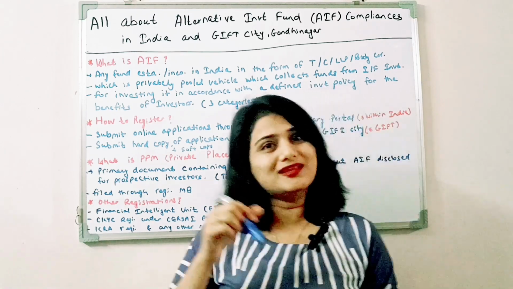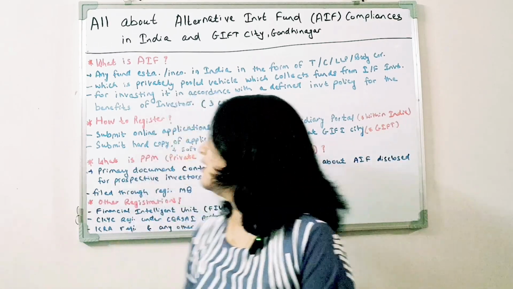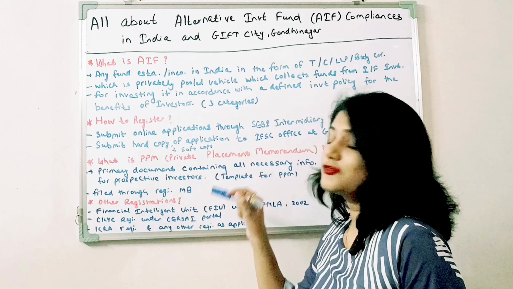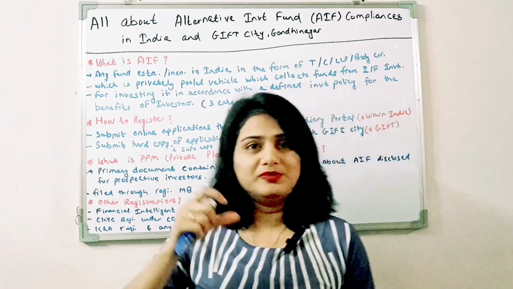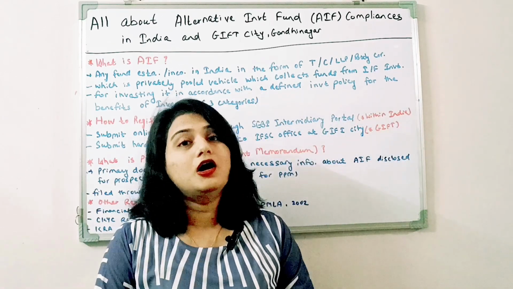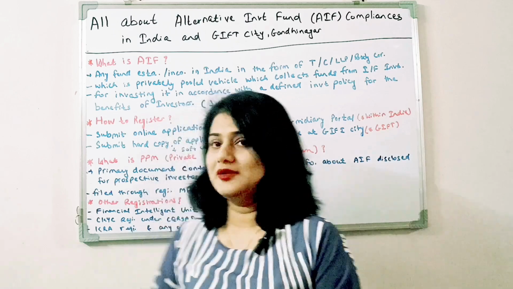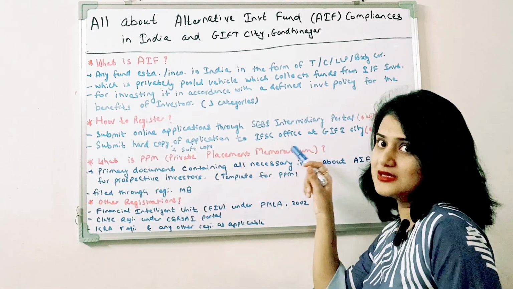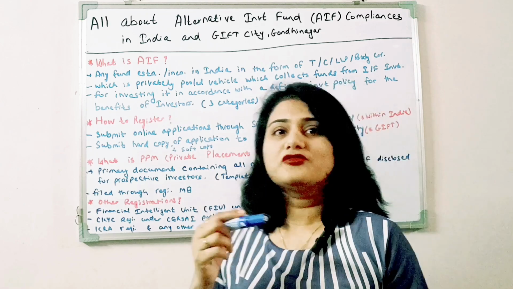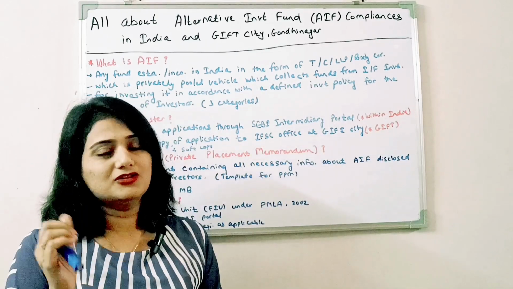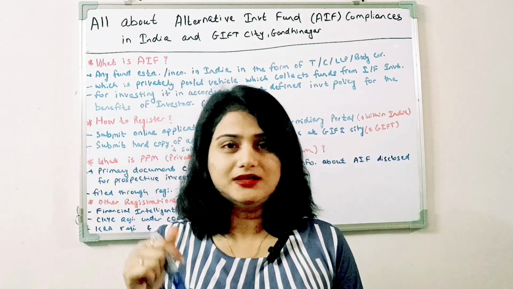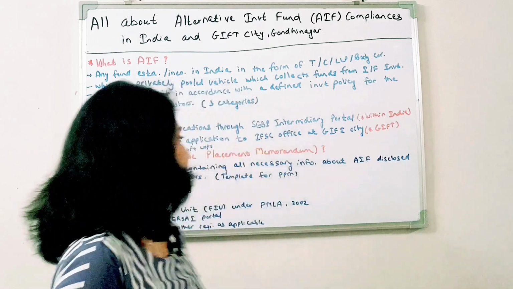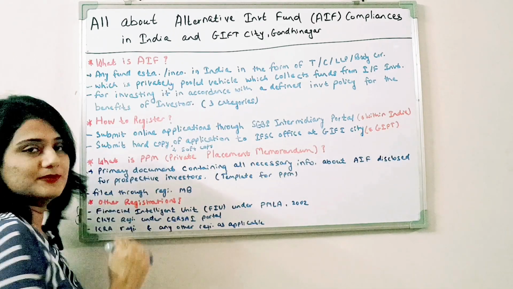I'll mention the link for that application form in the description box. As well as the soft copy of the application, which should be in readable and searchable format along with the supporting documents. The hard copy you have to submit at the IFSC office at GIFT City, and the soft copy you have to email to the email addresses given in the particular document. So this is the process.